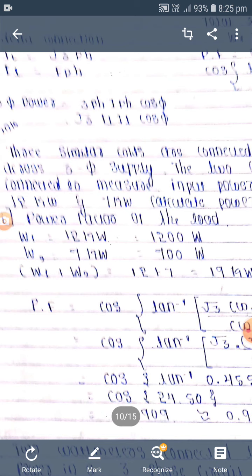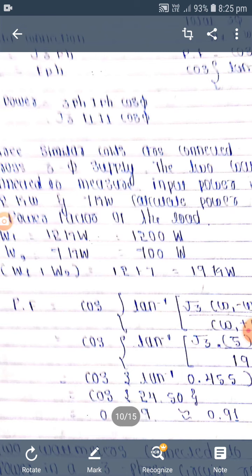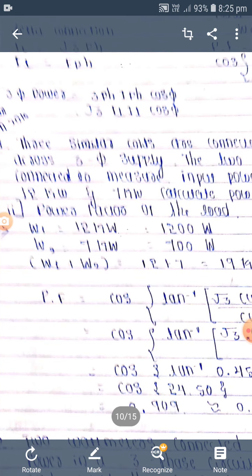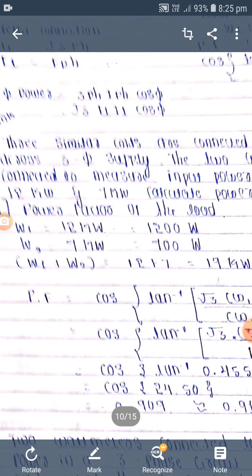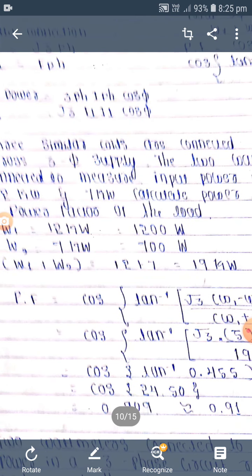In this case, the W1 reading, which is given in the problem, is 12 kilowatt. Then W2 is equal to 7 kilowatt. Then total three phase power is equal to W1 plus W2, 12 plus 7, 19 kilowatt.